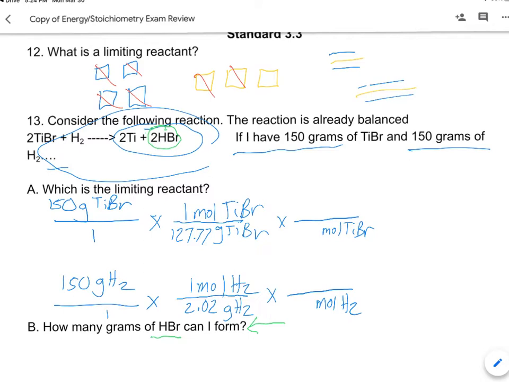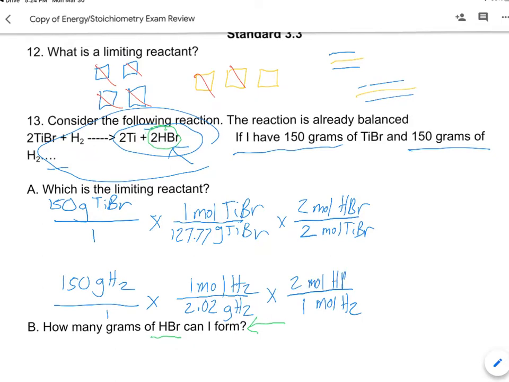And I'm going to look at the equation, and it says for the titanium bromide, that's 2 moles. For the hydrogen gas, that is 1 mole. And then up here, I decided the product I'm going to look at is the hydrogen bromide. So I'm going to put 2 moles hydrogen bromide here, and it's going to be the same here.